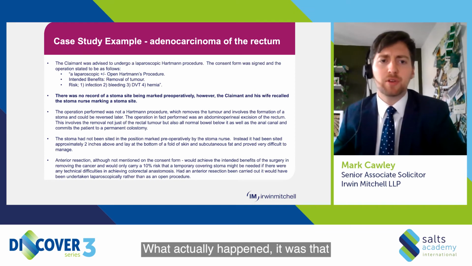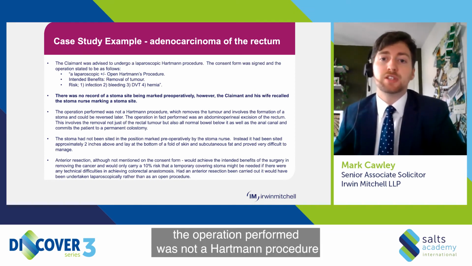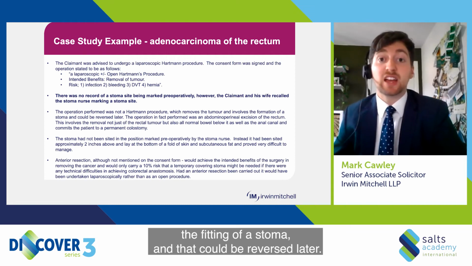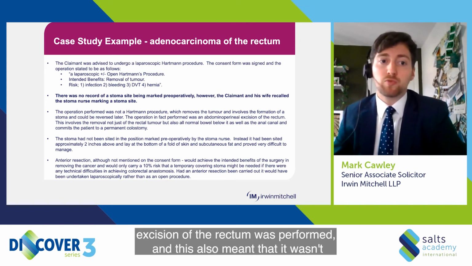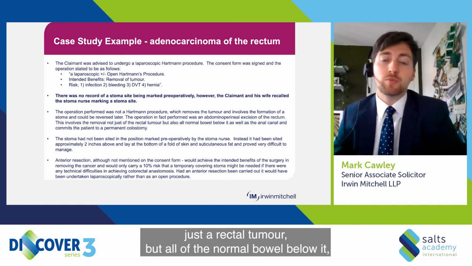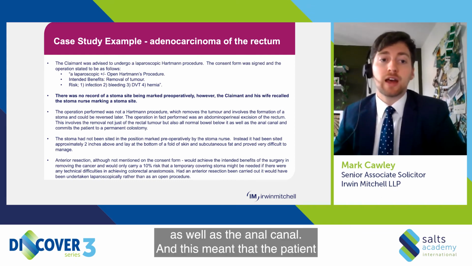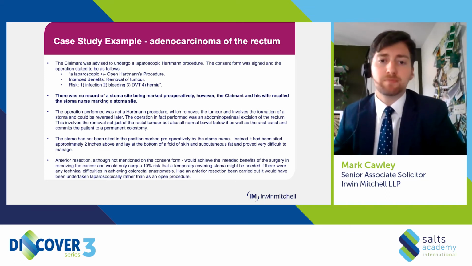What actually happened was that the operation performed was not a Hartmann's procedure, which removes the tumour and involves the fitting of a stoma that could be reversed later. What actually happened was that an abdominoperineal excision of the rectum was performed, and this meant that it wasn't just the rectal tumour, but all of the normal bowel below it, as well as the anal canal, that was removed, and this meant that the patient was ultimately committed to a permanent colostomy.